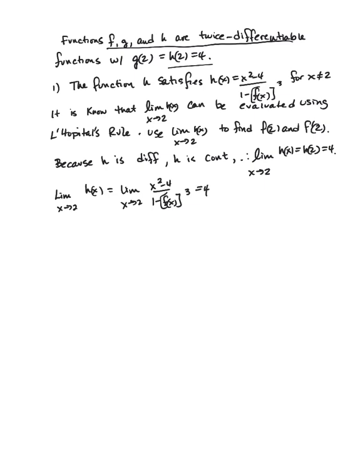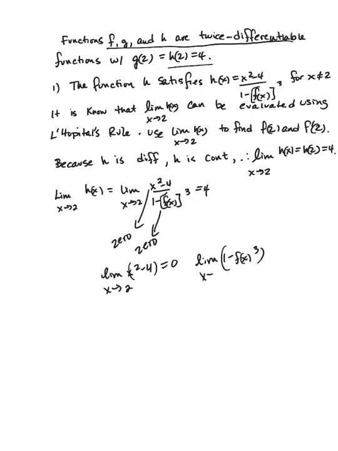But now, to use L'Hopital's rule, that means that we would be in 0 over 0 form originally, which means that both of these would have to be equal to 0. So the limit of x squared minus 4 is equal to 0. I just said that. And the limit of 1 minus f of x cubed as x approaches 2 must equal 0.